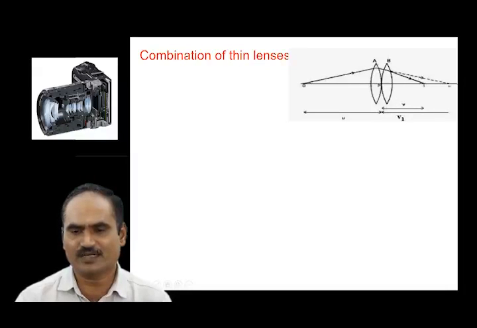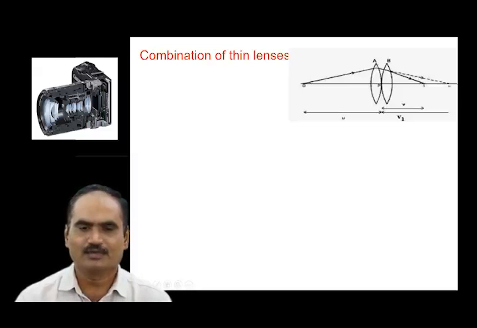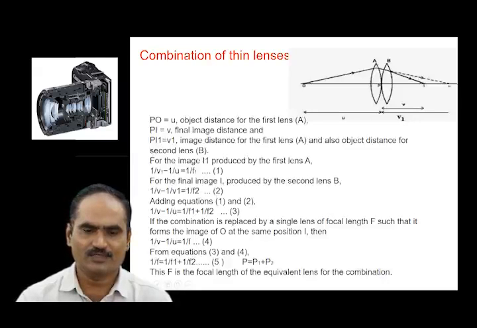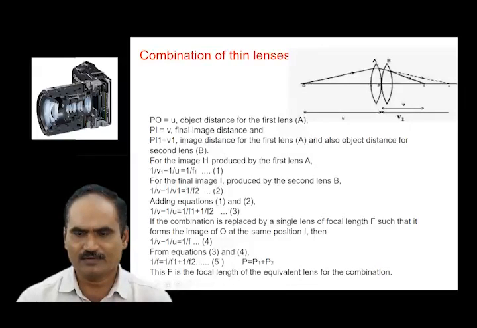Suppose the object distance is the same for both, V is the final image distance, and V1 is the image distance for the first lens, A, which is also the object distance for the second lens, B. Now let us use the lens formula for the first one: 1/V1 minus 1/U is equal to 1/F.